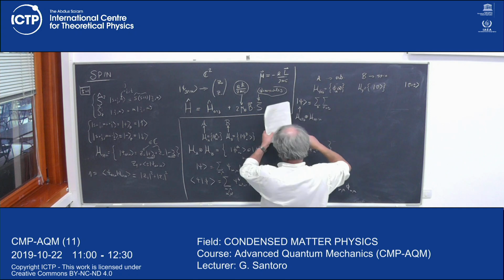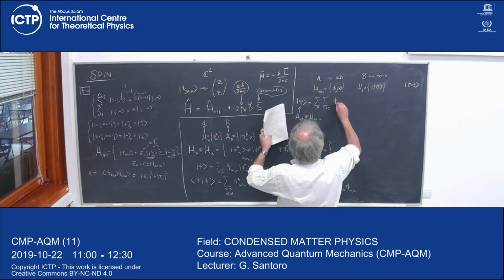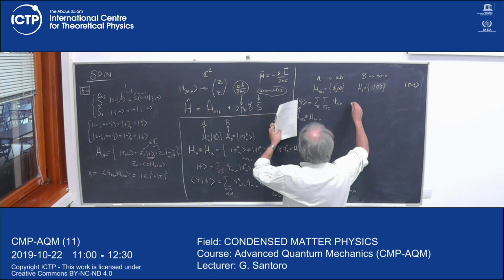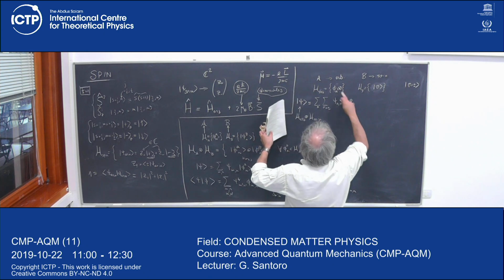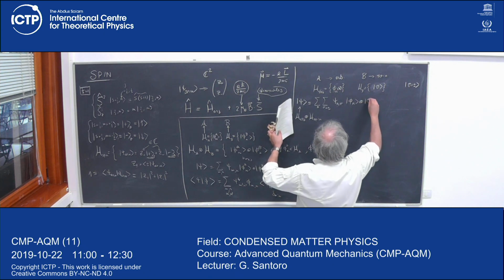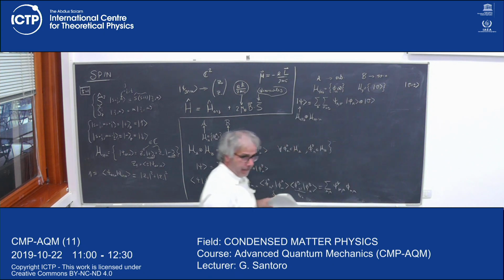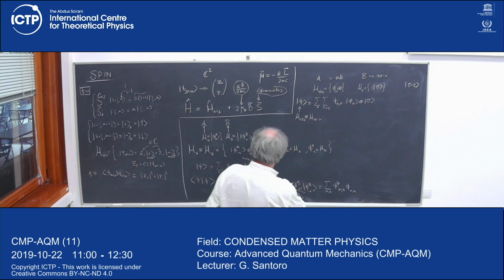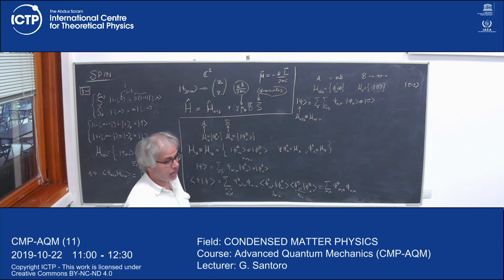I have two of them. And then I have some coefficient psi n sigma, and then the state phi n tensor product the state sigma for the spin. Is it clear? So this is the orbital and this is the spin.